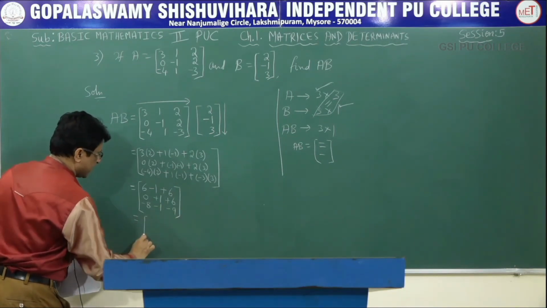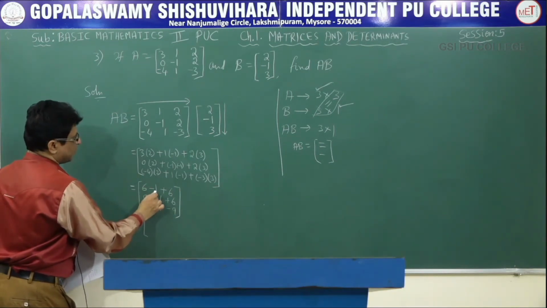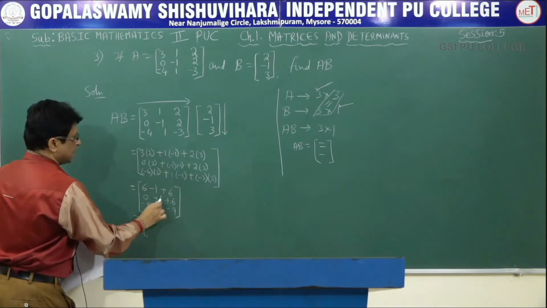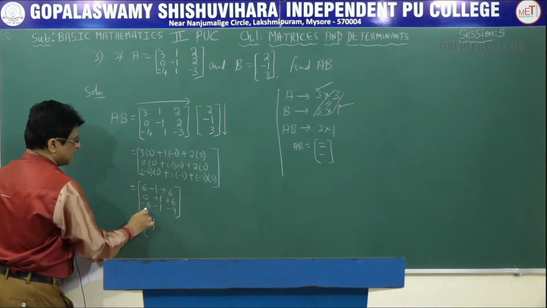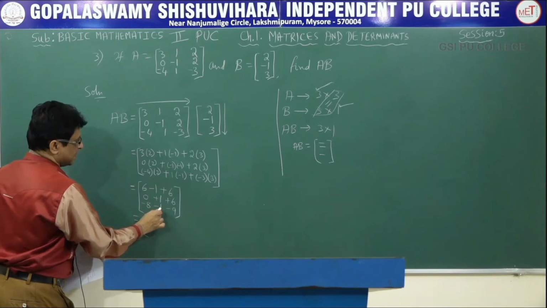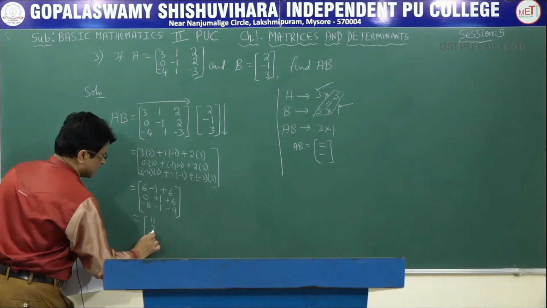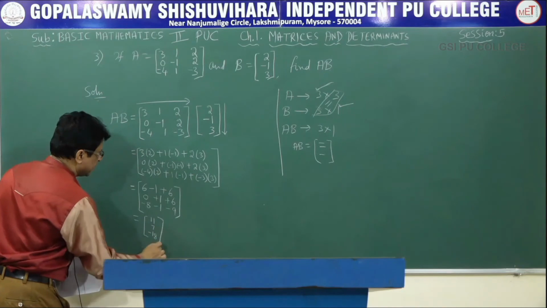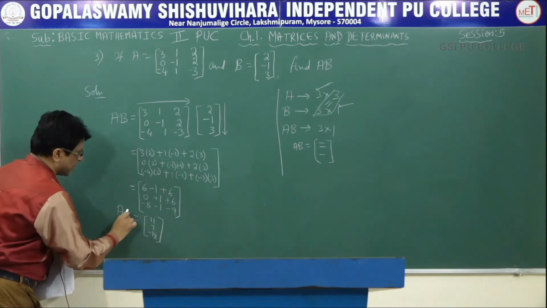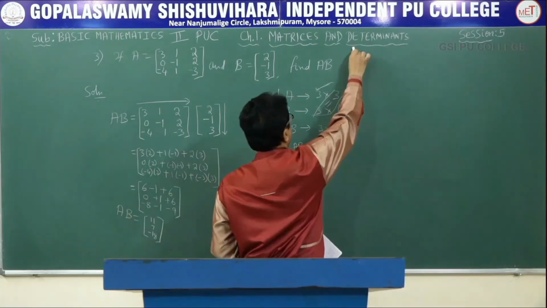So that will be equal to 6 minus 1, 5, 5 plus 6, 11; 1 plus 6, 7; -8 minus 1, -9, -9 minus 9 is -18. So that is the product matrix AB.